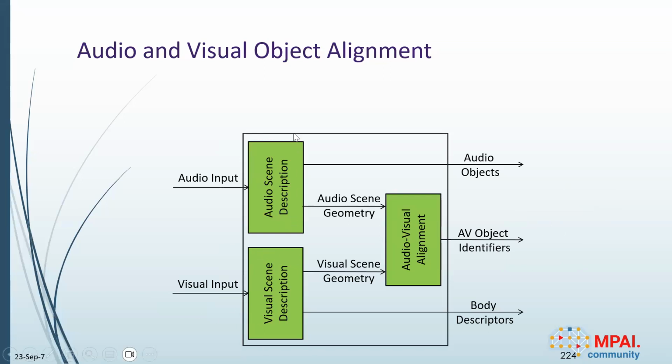So we have the audio scene description, the visual scene description, we have the visual scene geometry, the audio scene geometry. They are passed to the audio visual alignment AI module that creates the audio visual object identifiers. And of course, we also need the objects and the body descriptors.